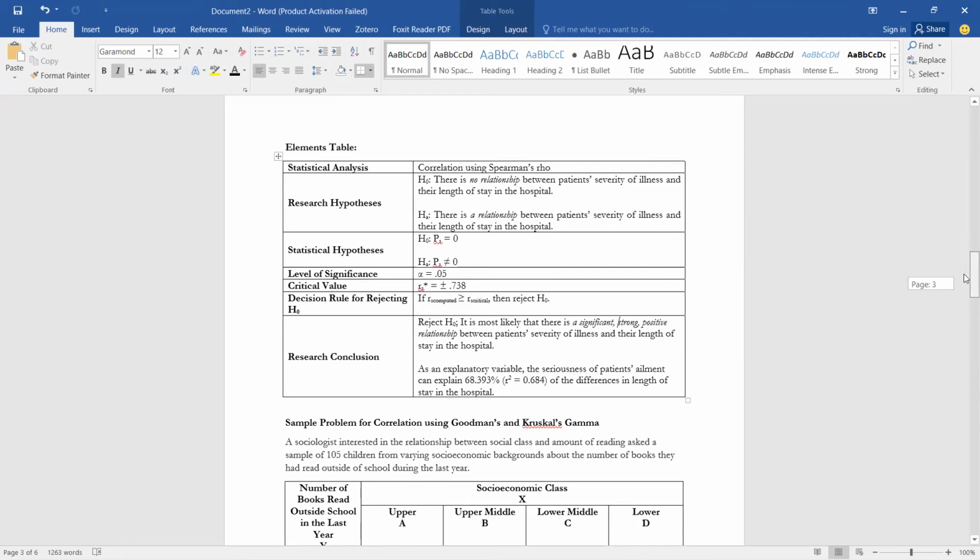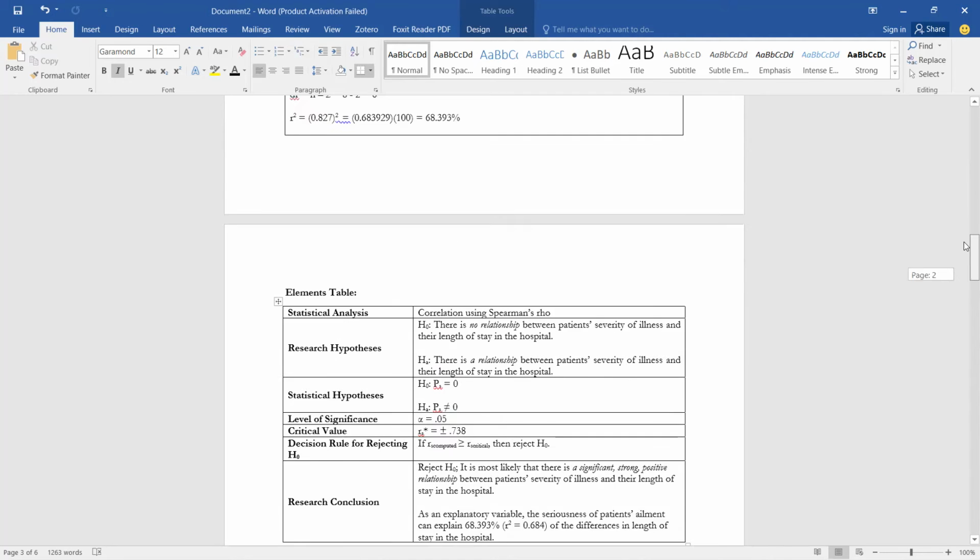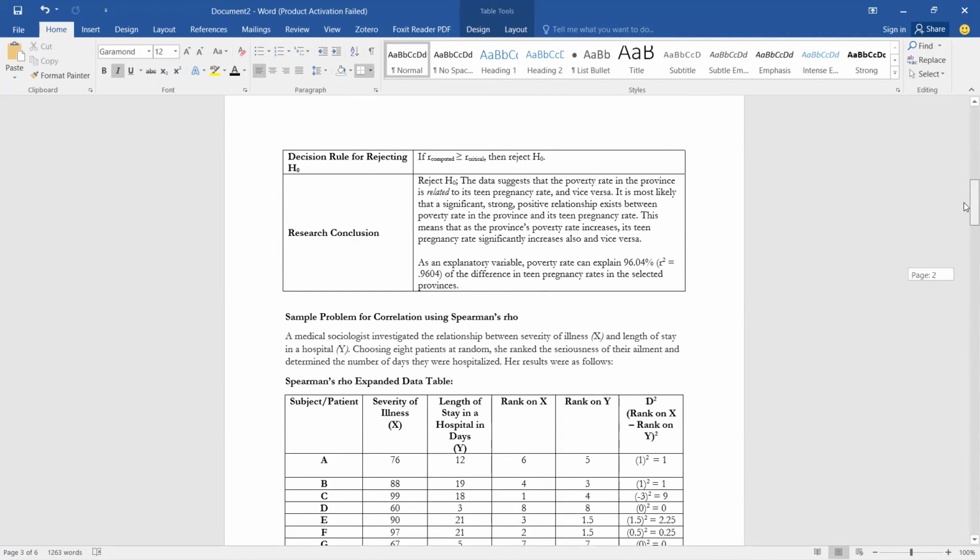of the differences in length of stay in the hospital, or of the variance or variation in the length of stay in the hospital. So yeah, that's how you conduct Spearman's Law. No?